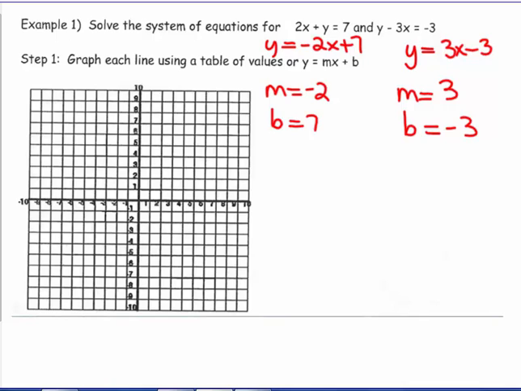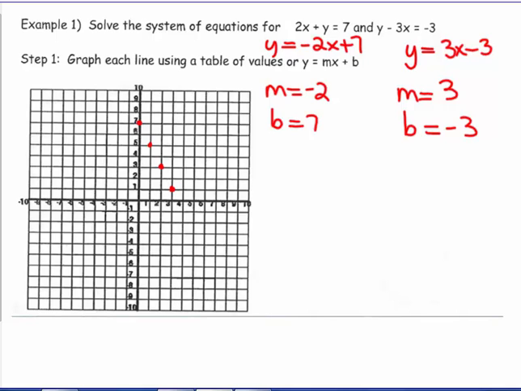So, using those as my guides going to the graph paper, my intercept of 7 and my slope of negative 2, down 2 and over 1, down 2 and over 1, remember rise over run. So I put on at least 3 points, a minimum of 3 points for checking purposes, and yes, we want to make sure that our lines are long and extended beyond the 3 points of our equation that we've solved for.